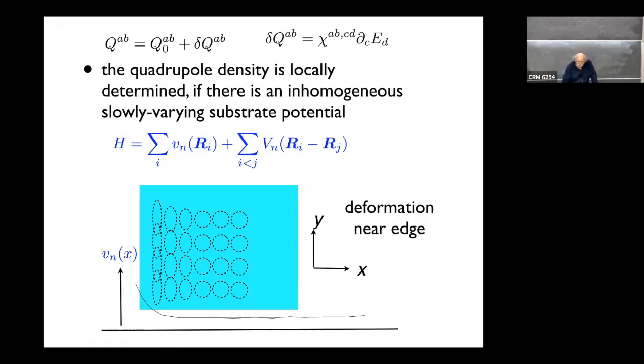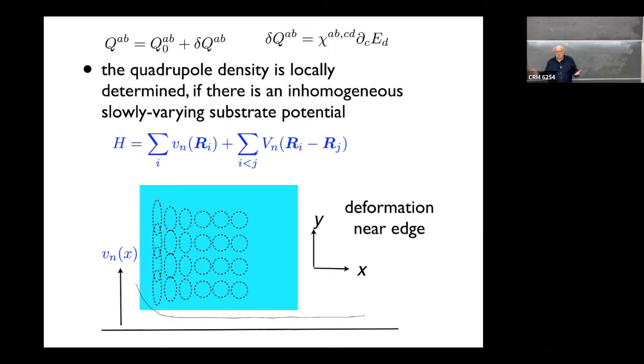Anyway, so the quadrupole density can vary. If there is a gradient of the electric field, well, we certainly have a gradient of the electric field near the edge of the sample, right? So if the electric field has a gradient in it, there's actually a gradient of the flow velocity around the system, which is of course where you get viscosity coming into the thing, right?